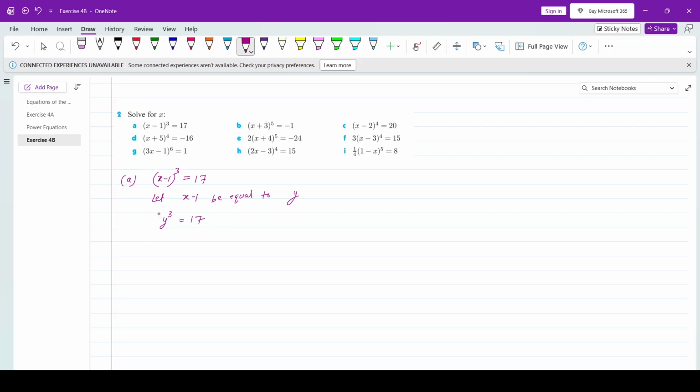Now we know this is odd, therefore y is equal to the cube root of 17. And we know the value of y is x minus 1. So x minus 1 is the cube root of 17, and x is equal to 1 plus the cube root of 17. This is the answer.